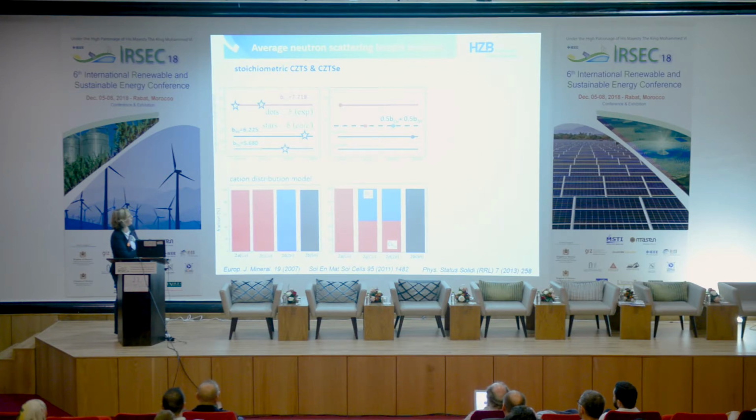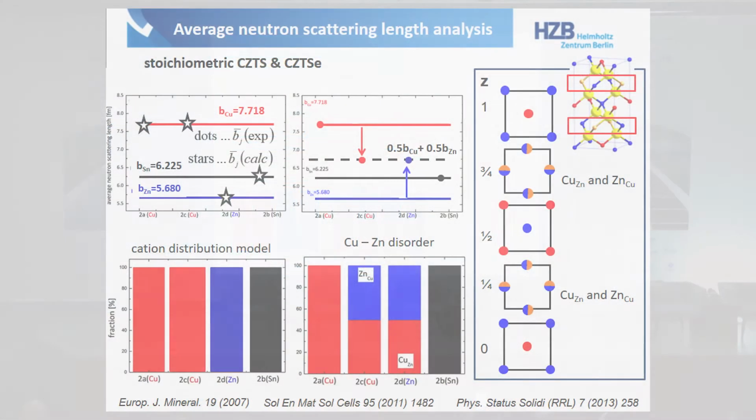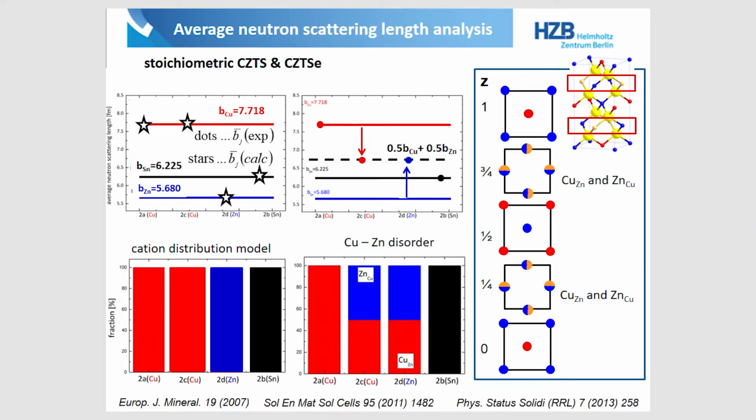But for the 2C and 2D sites, we found an increase of the average neutron scattering length for the 2D site and a strong decrease on the 2C site. So they showed values which are in accordance with a 50-50 statistical distribution of copper and zinc on 2D and 2C. And that's why this was named disordered Kesterite.